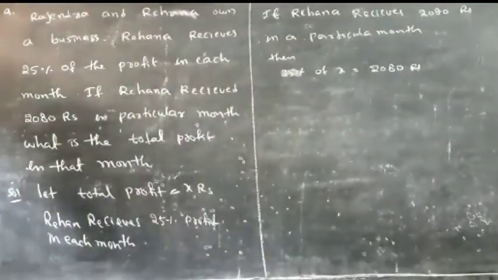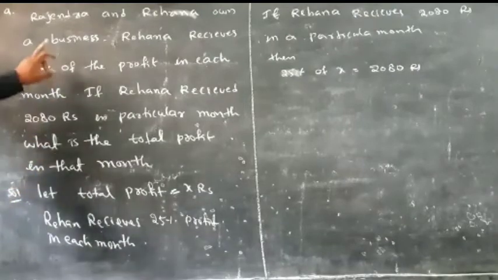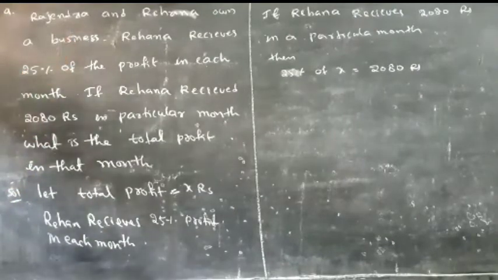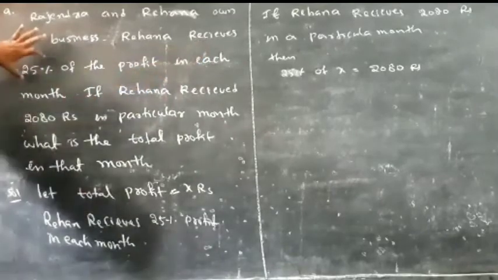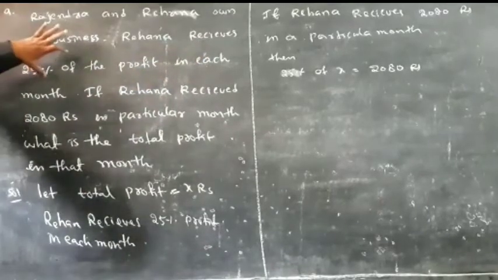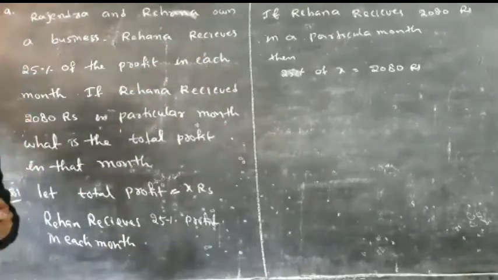Rajendra and Rehana own a business. Rehana receives 25% of the profit in each and every month.